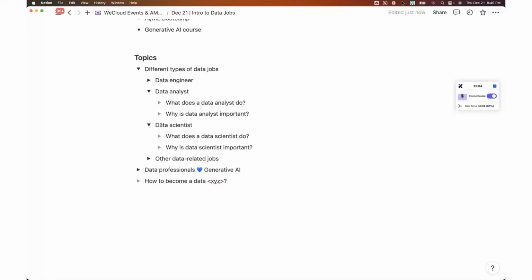But once you start to learn more advanced analytics, data science, and machine learning, I think in the future you'll definitely need to focus a little bit more on the generative AI side. So data scientists will become more specialized in machine learning, deep learning, as well as generative AI. And data scientists also need to have very strong data manipulation capability, because they're probably going to deal with a lot of big data as well.